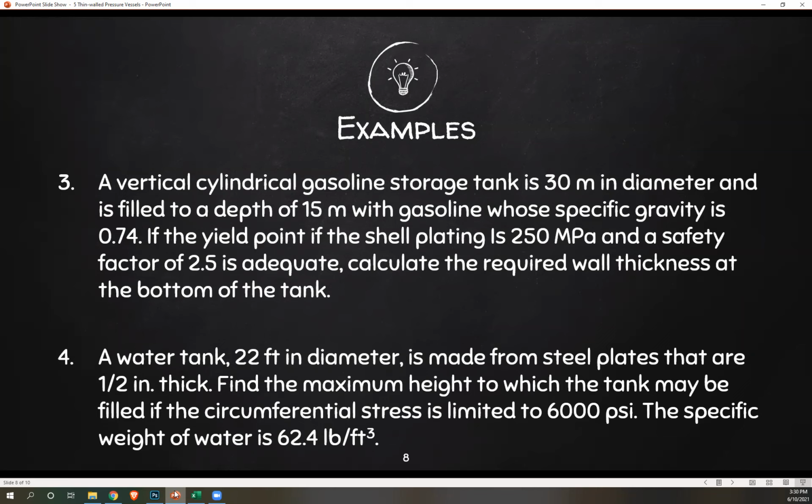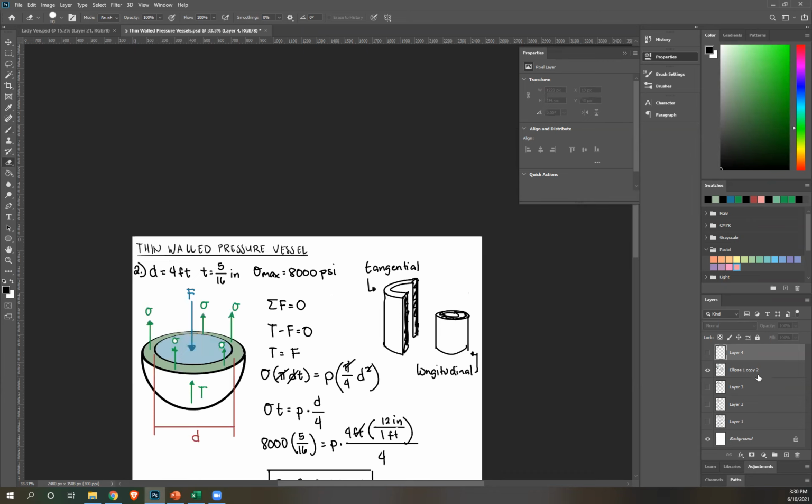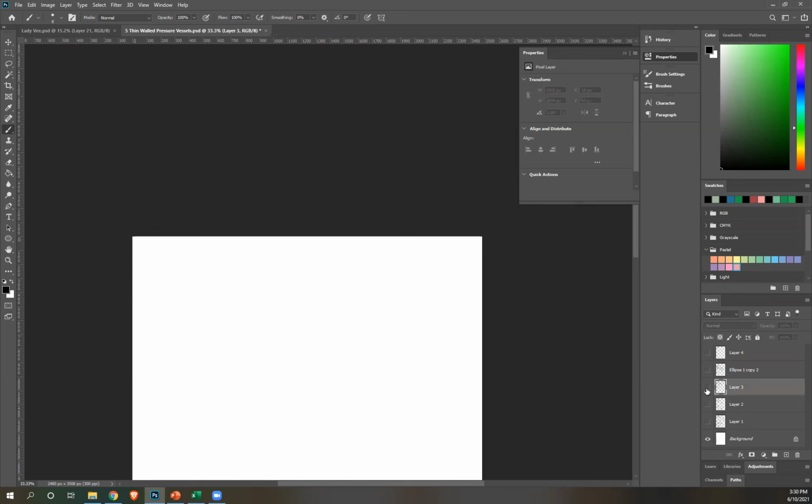Okay. So basically, we have storage tank filled with gasoline. So we want to know the required thickness at the bottom of the tank given this yield point of 250 MPa and factor of safety of 2.5. So we're looking for thickness. First step, write the given. 30 meters in diameter for the storage tank, so that's D. By the way, let's use capital D since that is how we did it in our equation.